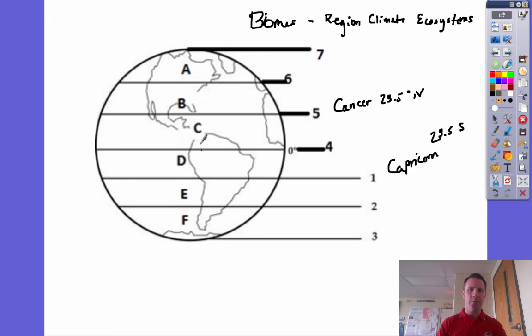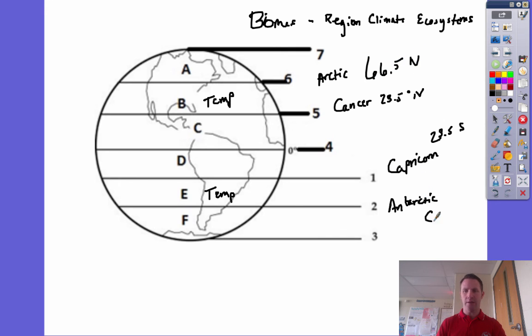C and D are tropical zone. B and E are temperate. And so now we get those 4 seasons. This is the Arctic Circle, and this is the Antarctic Circle. And those are at 66.5 degrees north and south latitude, respectively. Okay?